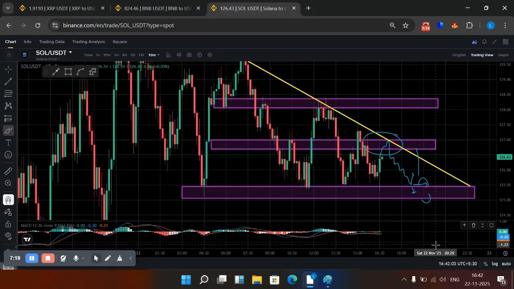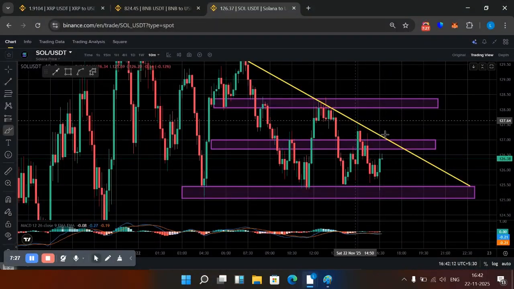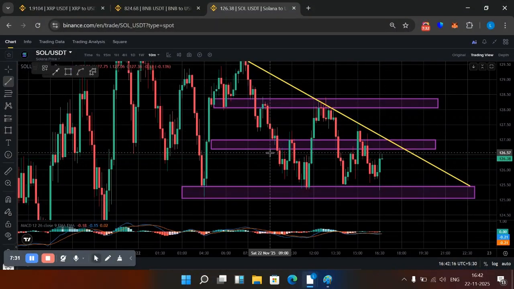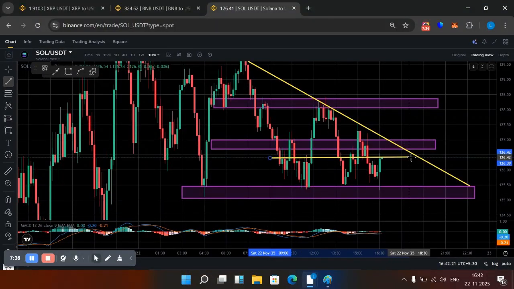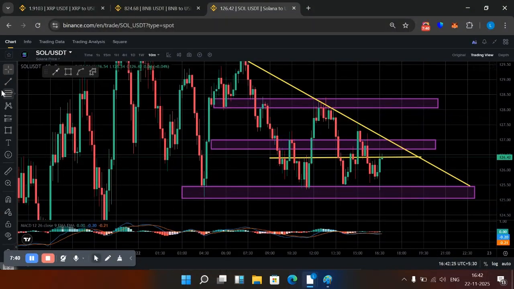It's not that kind of thing. It's very easy. Look here now. Most probably, okay, it's also respecting this zone here. It is respecting. So this can also be marked as a kind of... look. No, but it's also going up.